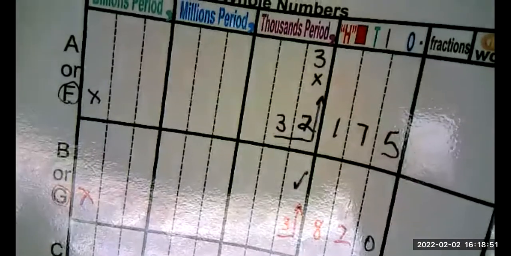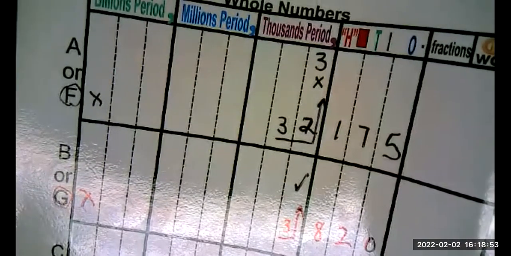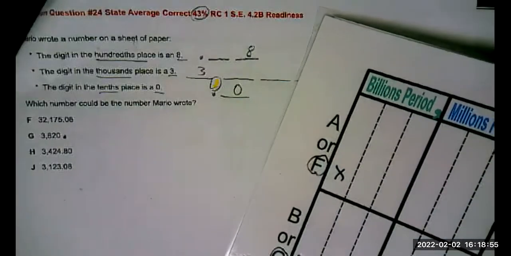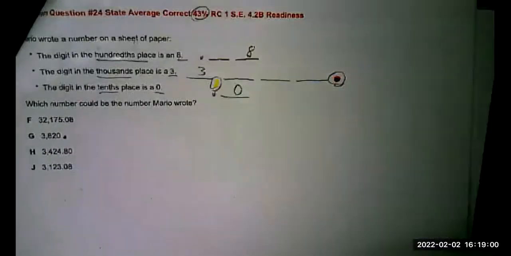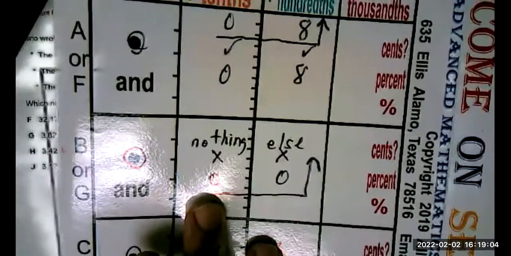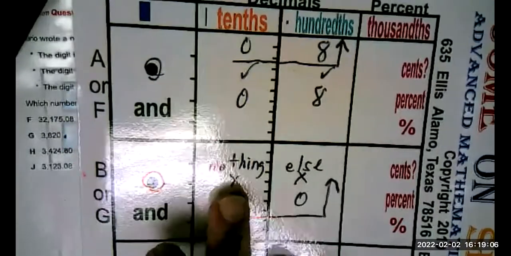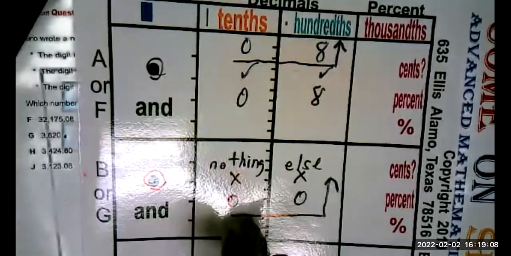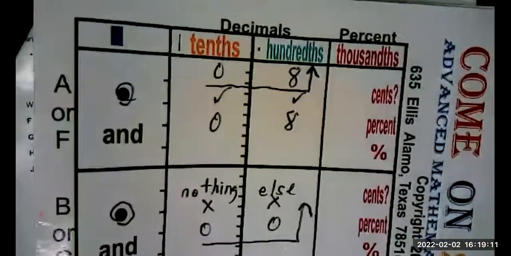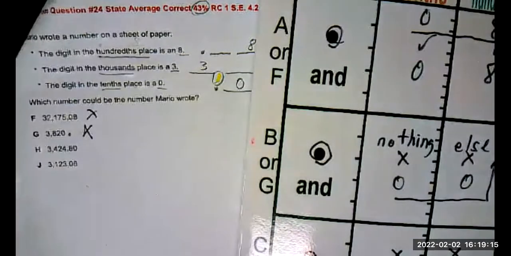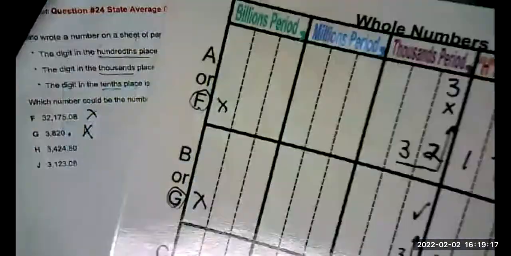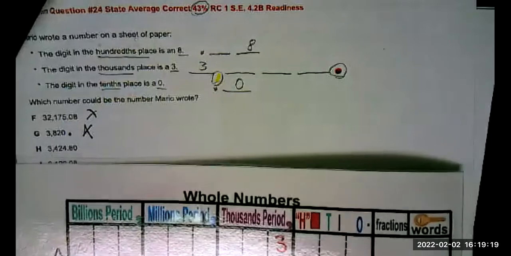So it'd be sort of like 3,820 and 0 cents, or just $820 and nothing else, or 0 tenths or 0 hundredths. So we're going to eliminate F and G so far. Let's try H.